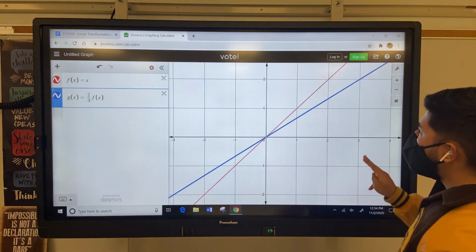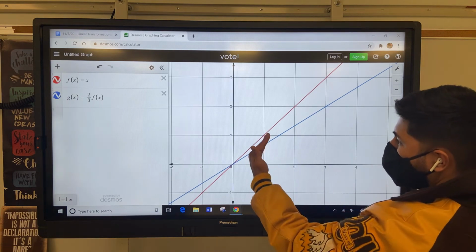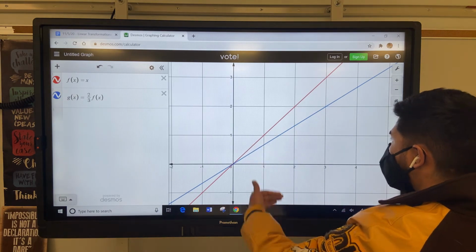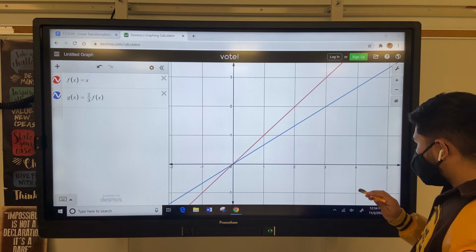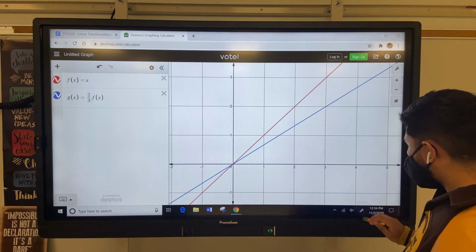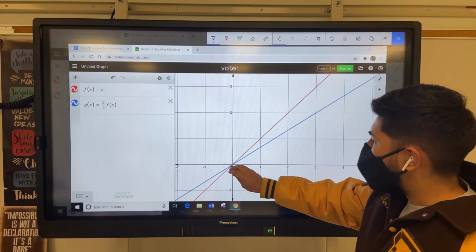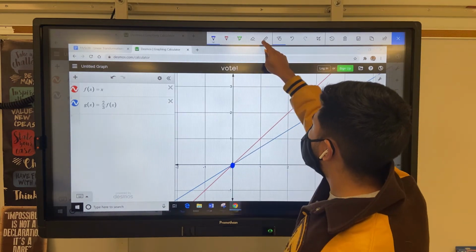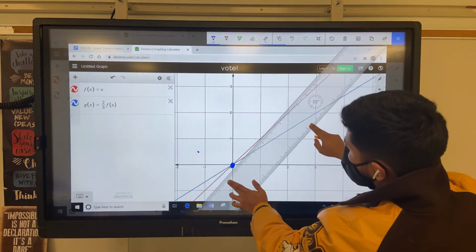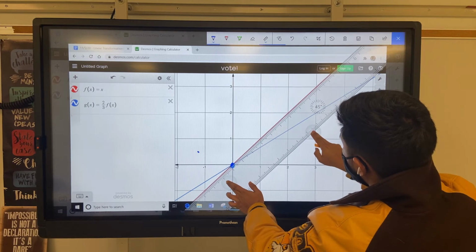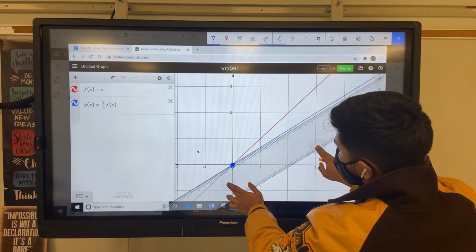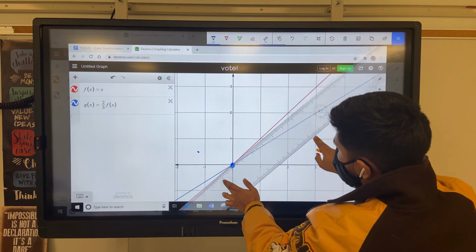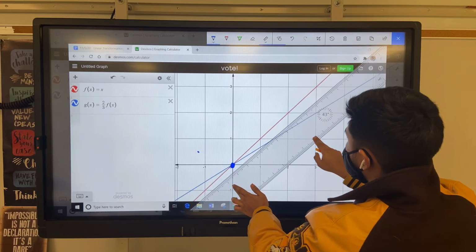And as you can see, red line shifted down. They both stayed at 0. And as we can see, red line shifted down. Red line shifted down. Cool.